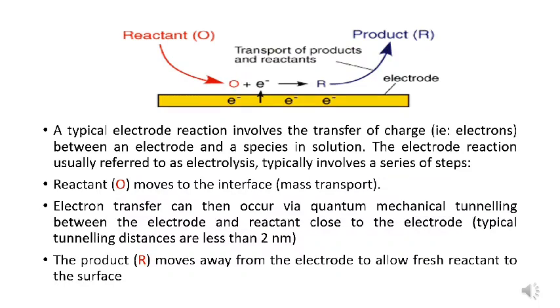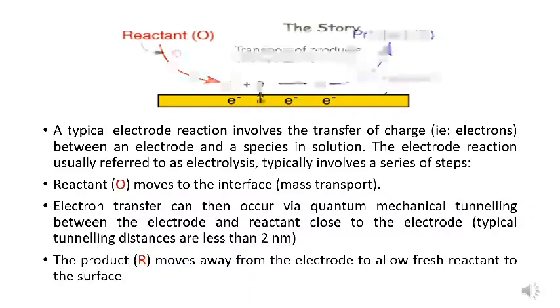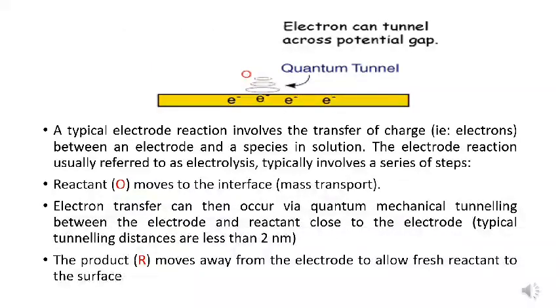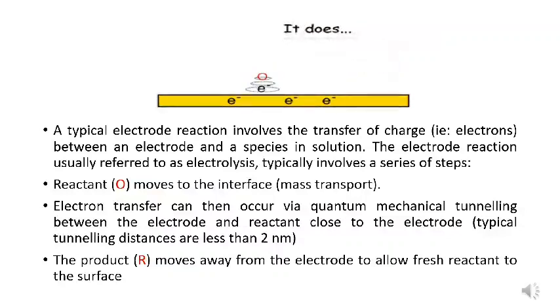Okay, we come to this slide. It also shows the same explanation as the previous slide. The yellow strip here is the electrode. The oxidized species, as reactants, will approach the surface of this electrode.